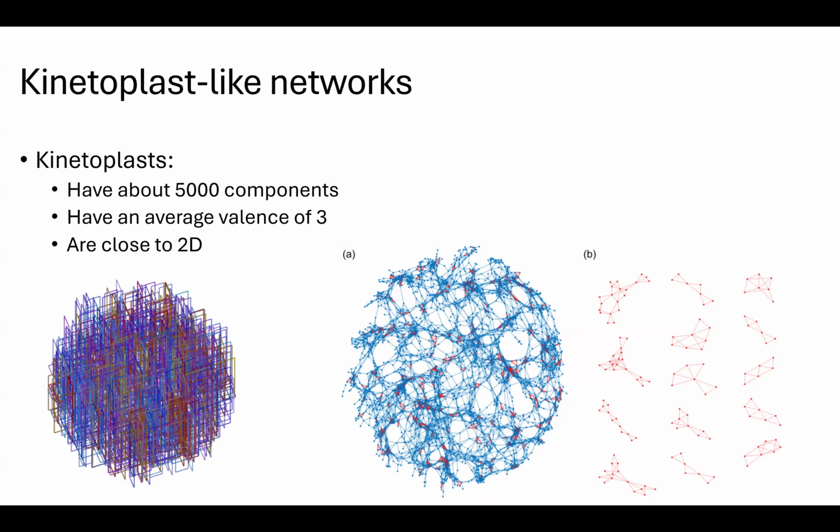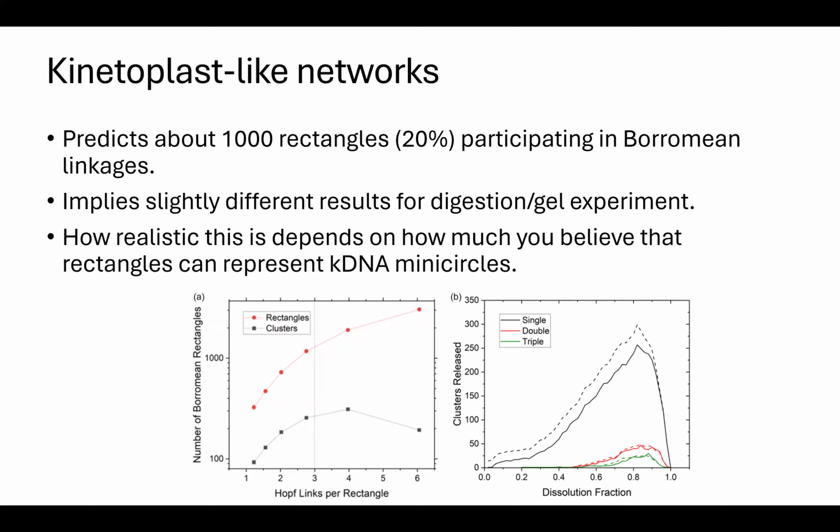And if you ignore the Borromean connections, you will overpredict how many single components are released as the network dissolves, and you might underpredict how many double or triple components. No, I think you'd still overpredict, but there's an experimental prediction based on whether Borromean links exist or not, which in principle could be detected, but I don't think by me.